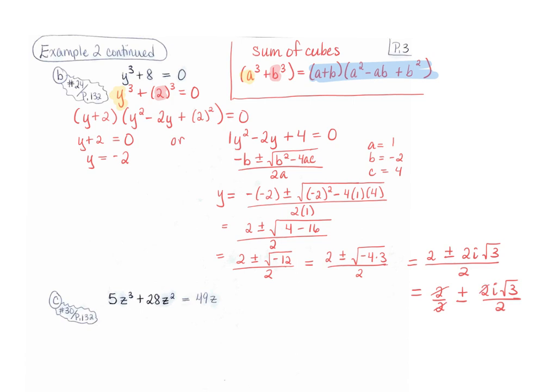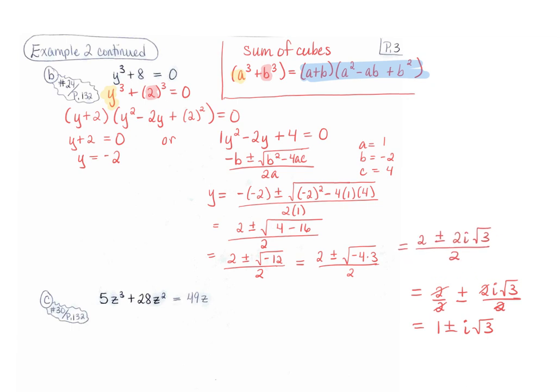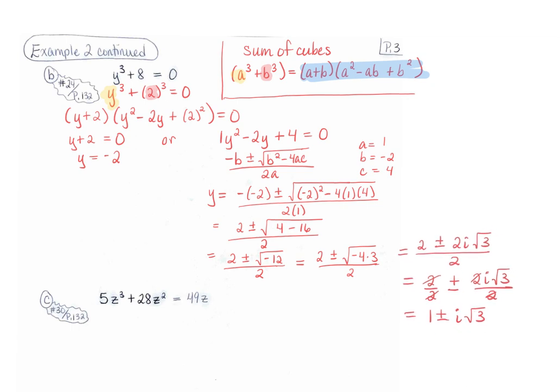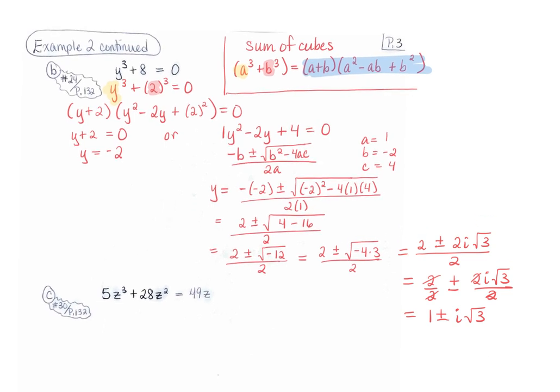Those 2's cancel, leaving us with 1 plus or minus i square root of 3. And so our solutions for this problem are the set consisting of -2 and 1 plus or minus i square root of 3. That's part B.